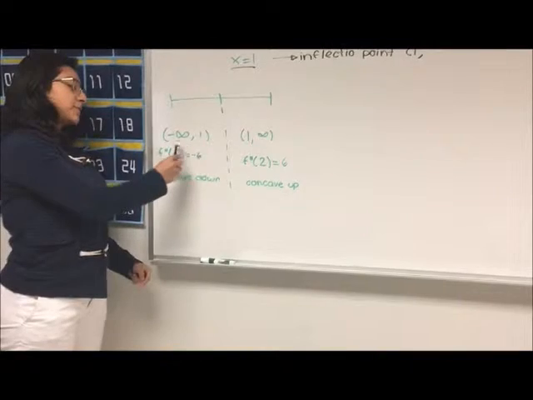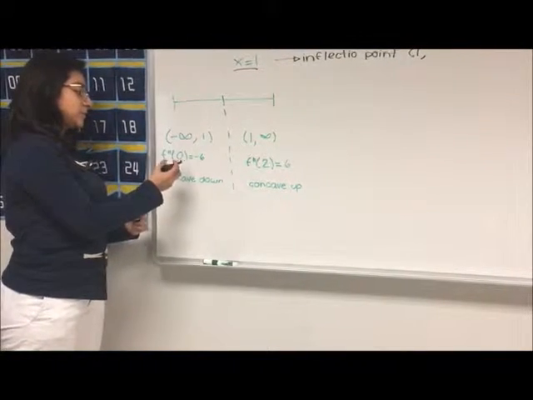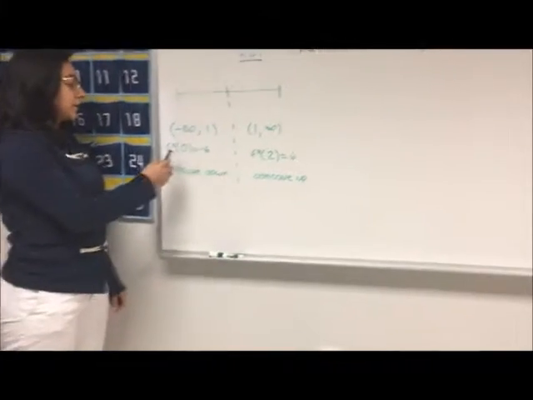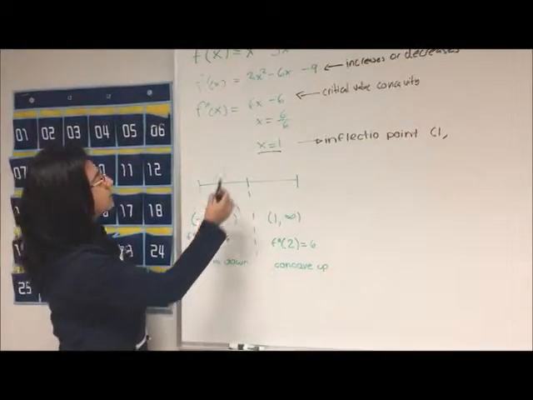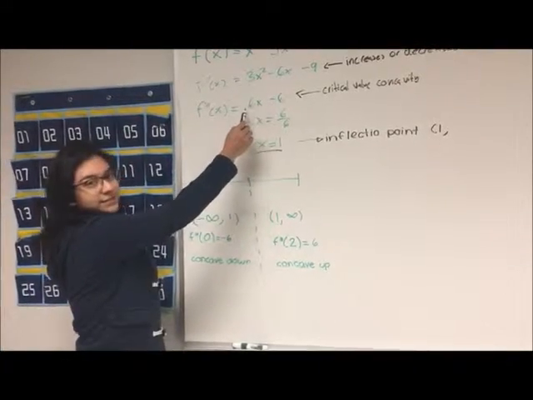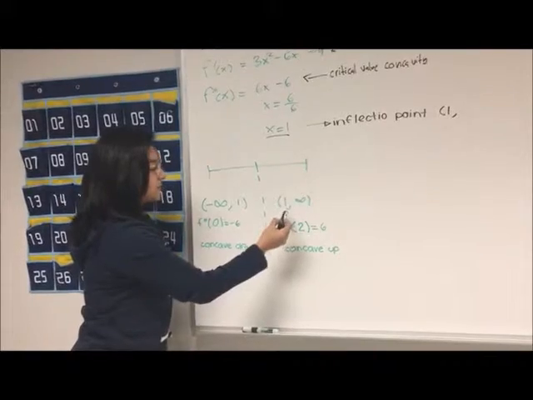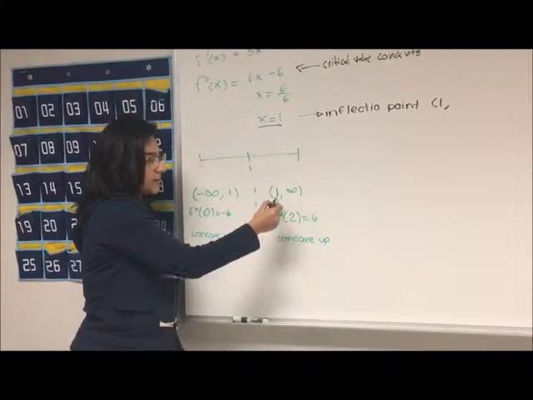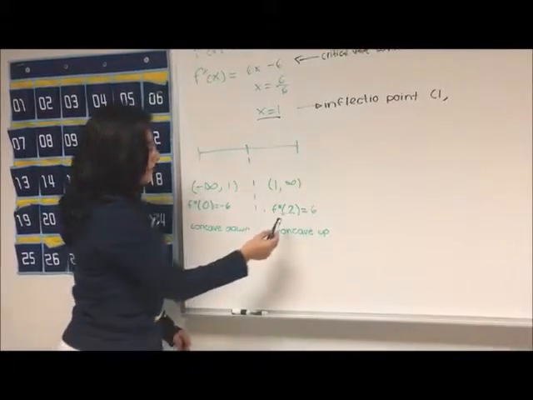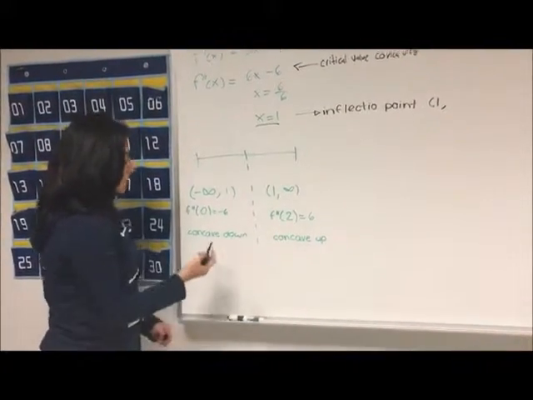We choose a number in the interval, and we choose 0 here, and we substitute in the second derivative. 0 plus 6 is 0, minus 6 is minus 6. And here we choose the 2, which is a number between 1 and infinity. 2 plus 6, 12, minus 6, 6.